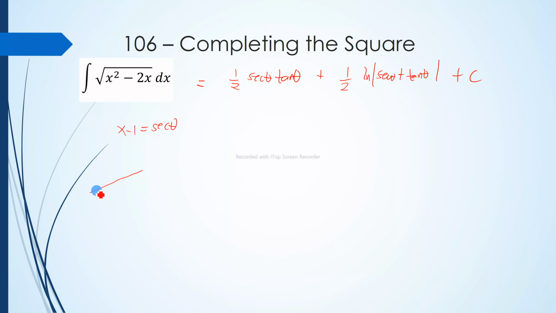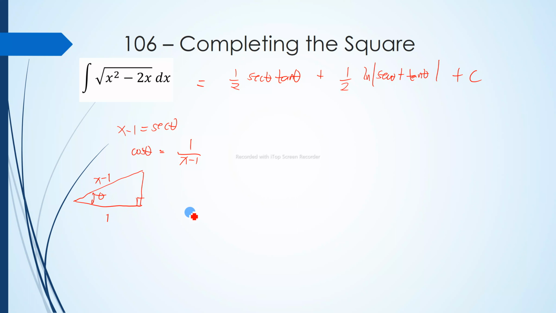If we have a right triangle with an angle theta, secant theta, or 1 over cosine theta, is x minus 1 over 1, so the adjacent is 1 and the hypotenuse is x minus 1.